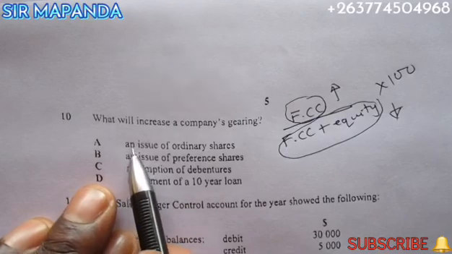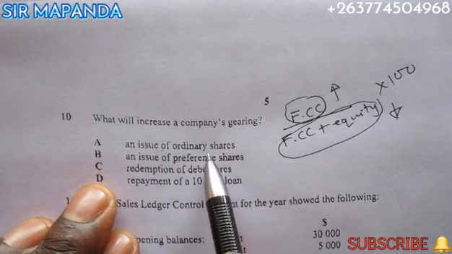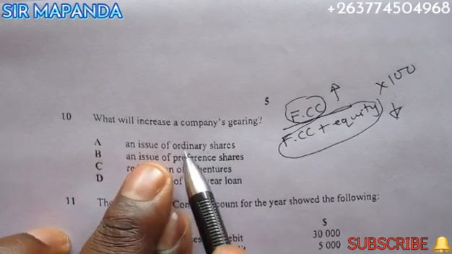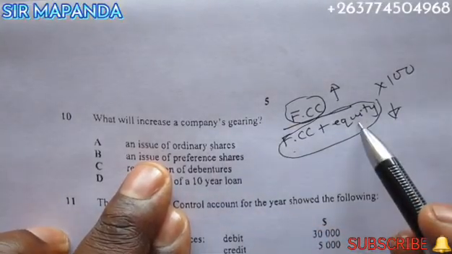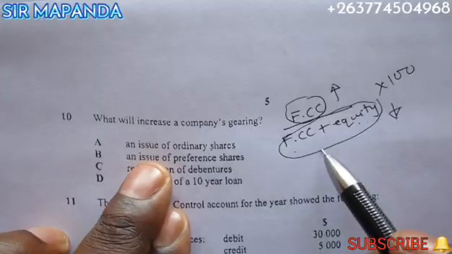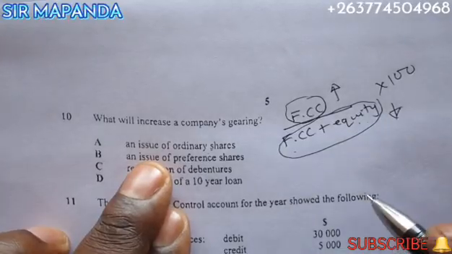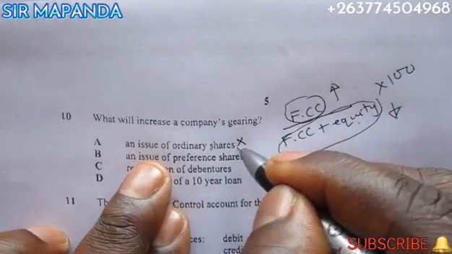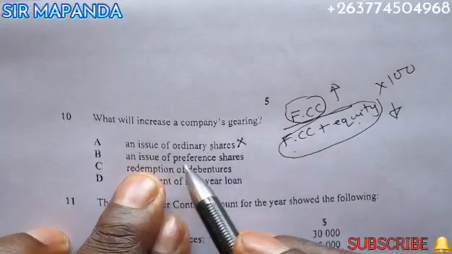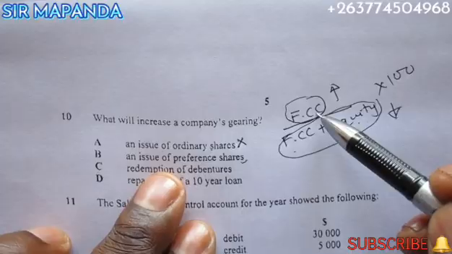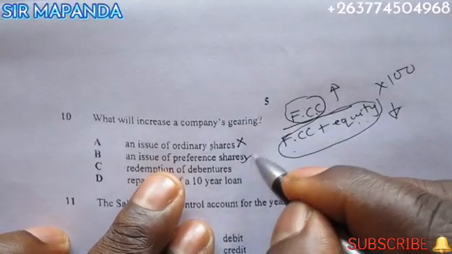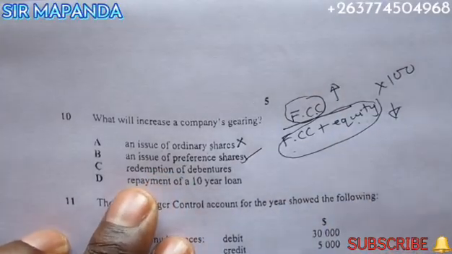Right, number 1, any issue of ordinary shares. So if we issue ordinary shares, the denominator is going to increase since ordinary shares are part of equity. So if we increase the denominator, the gearing ratio is reduced. So A is not the answer. Issue preference shares. Remember, preference shares are part of the fixed cost capital, which is a possible candidate.